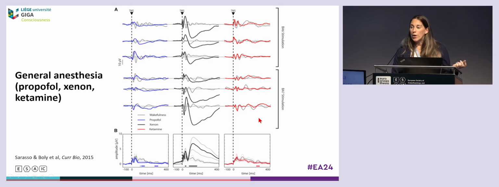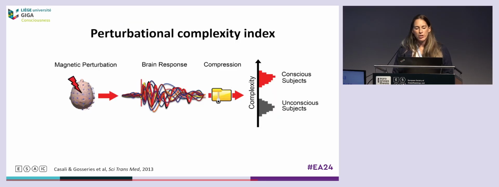On the contrary, when you have ketamine anesthesia, you see here in red, it's pretty similar to when you are awake and conscious. So here we can say that the participants were conscious, in the sense that when we asked them after they recovered, they all experienced some kind of crazy, sometimes subjective experience during the ketamine. So in this case, you have integration and information.